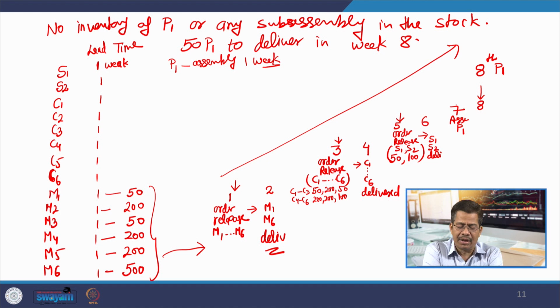If any of the orders is delayed by 1 week, 1 period, it will ultimately have a detrimental effect on my final supplies; the final supply will not be possible in the 8th period. It will delay the supply according to the delay in placing the order in earlier periods. So, material requirement planning therefore becomes a very good tool, with the help of which we are able to decide when we are going to place the order and how much quantity we are going to order.